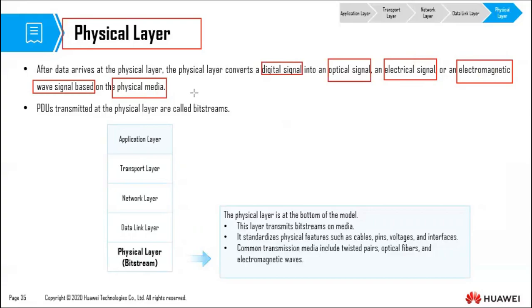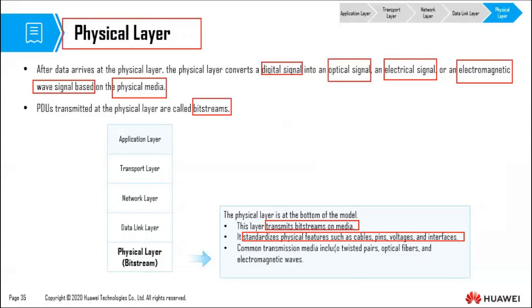The PDU is called bit streams at this layer. So it transmits bit streams on the media. It also standardizes features such as the cables, the pins that are used, the voltages, and the interfaces.